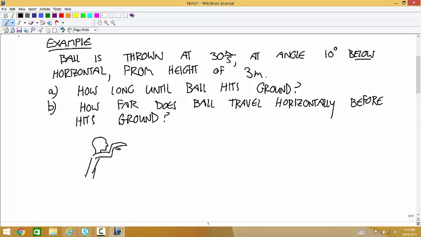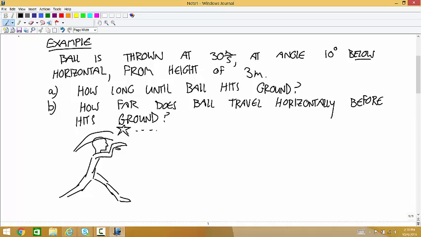I don't know. This picture is ridiculous. No, that's the motion lines. And that's where he releases it from.